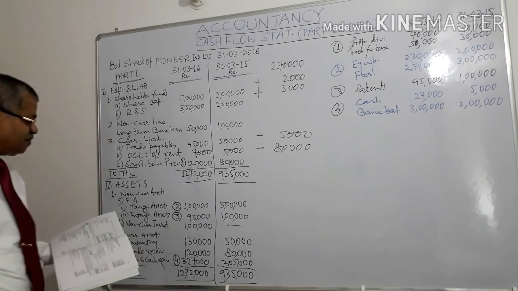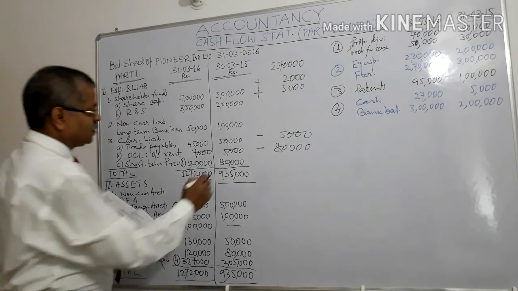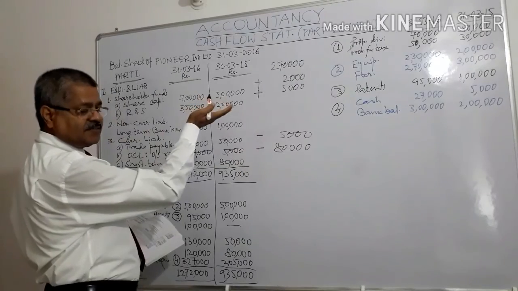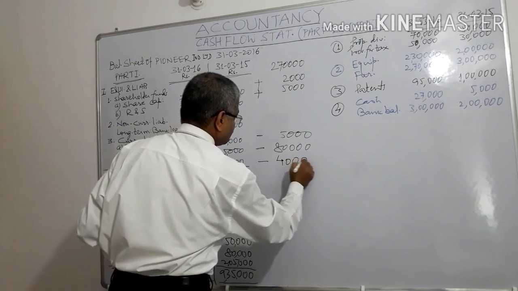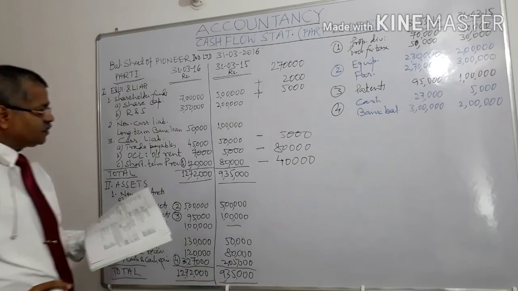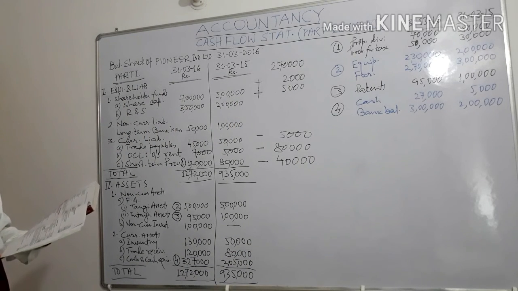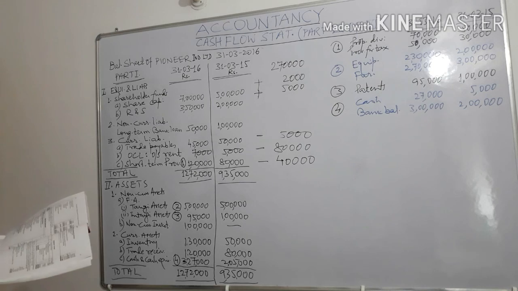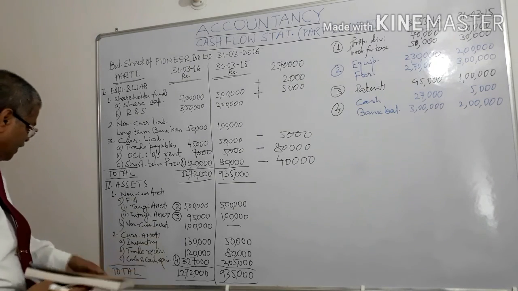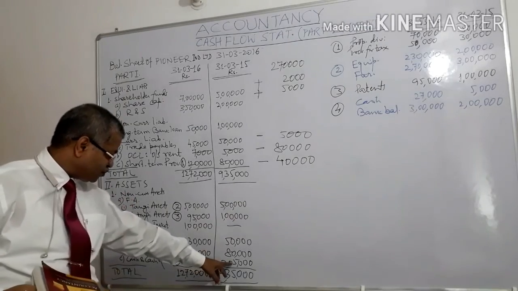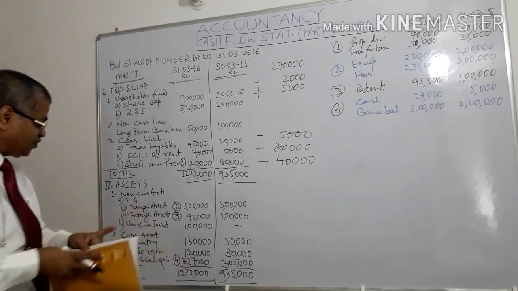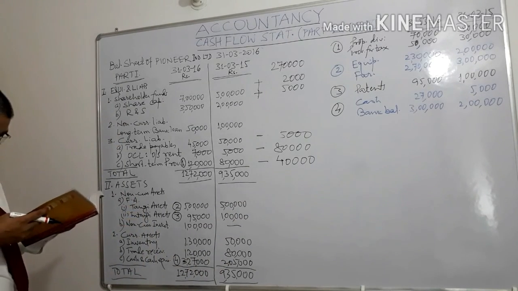It has gone up by 40,000. So once again, current assets has gone up, means cash has gone down. So this will also be deducted here, right? Now cash and cash equivalent, it has gone up from 205,000 to 327,000.